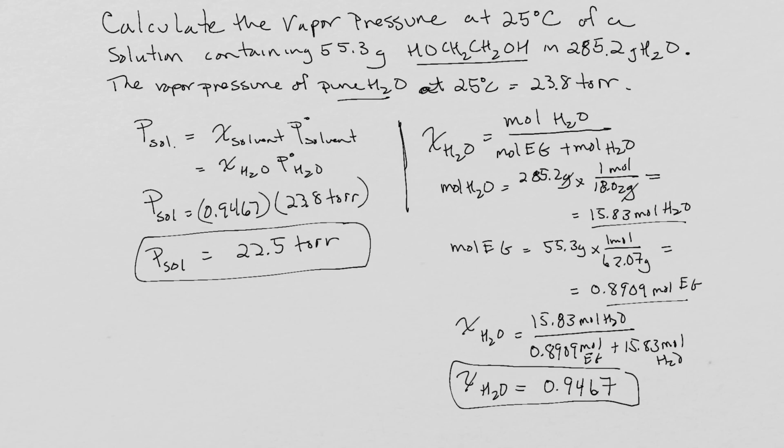So the vapor pressure has dropped from 23.8 down to 22.5, because now our solution is not 100% solvent like pure water, it's only 94.67% water, if you will. Okay, so this is how we can calculate the vapor pressure of a solution using what we call Raoult's law. In the next section, we're going to look at some additional colligative properties.